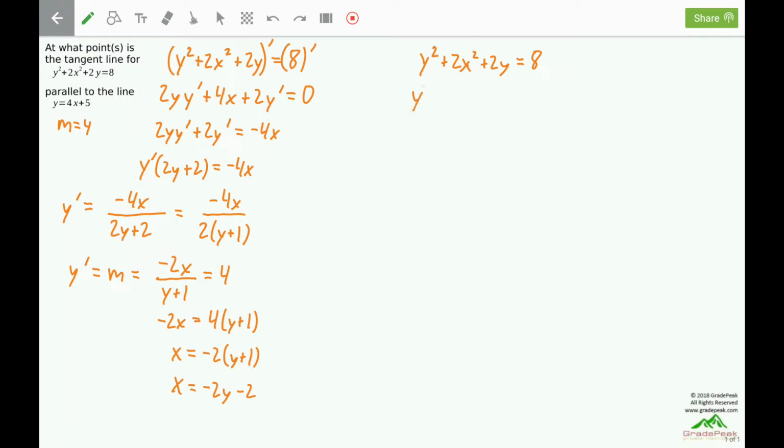So we have y squared plus 2 times negative 2y minus 2, squared, plus 2y equals 8. Negative 2y minus 2 squared means times itself. And since it's an expression, we will have to FOIL that out.